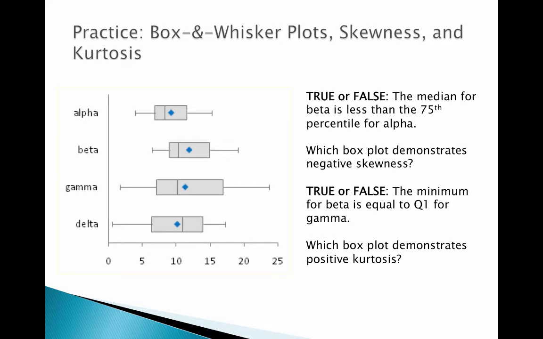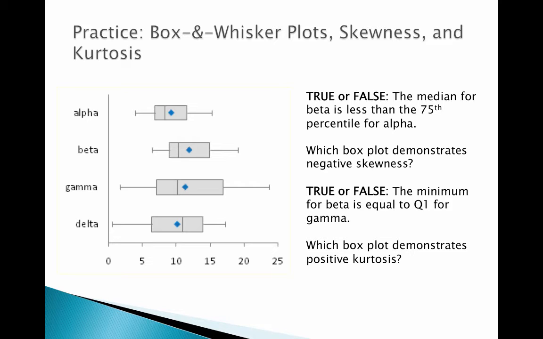Last question. Which box plot demonstrates positive kurtosis? So when you think about positive kurtosis, is our distribution curve more narrow or wider? Positive kurtosis is narrower, right? So the way you want to look at these box and whisker plots when you're thinking about skewness and kurtosis is you're looking down on top of them.